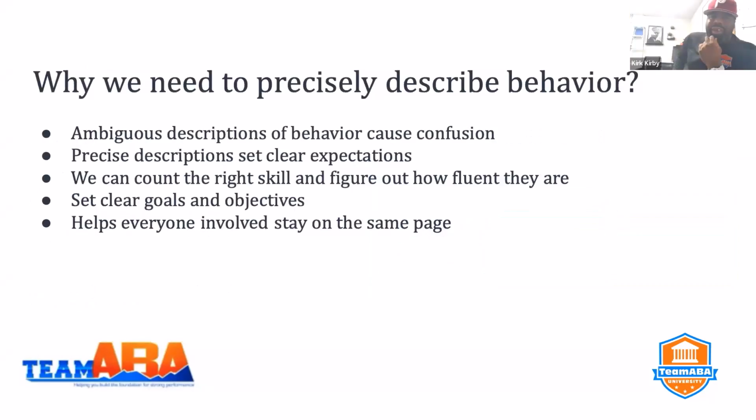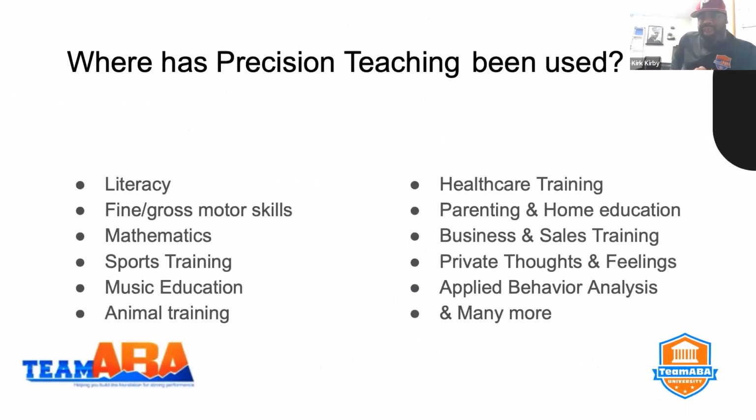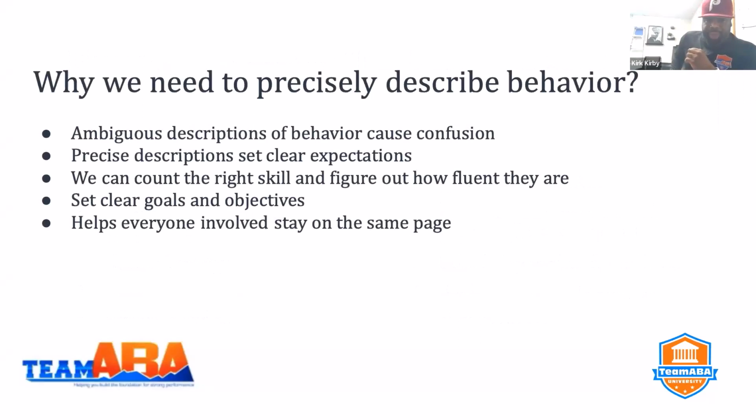So really quickly, to piggyback on that, Jared, on why it's so important to identify specific behaviors, and just to give some background, Team ABA is a behavior analytics sport health and fitness training organization that uses the system of precision teaching to work with our athletes and our regular everyday people who are trying to stay healthy and live a healthy lifestyle.